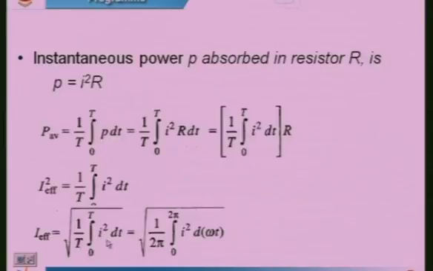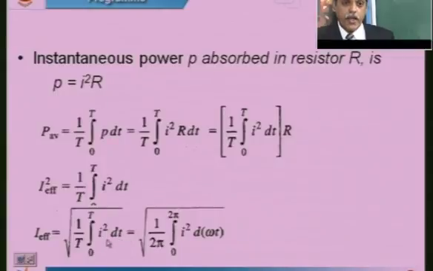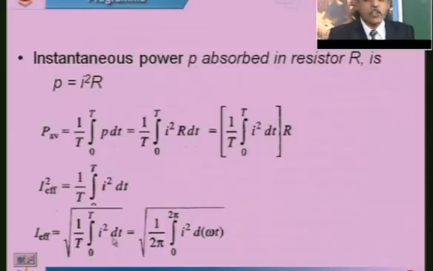Then I am calculating the mean value, this 1 by T integral 0 to T i squared dt gives us the mean value. First squared, then mean, then I am taking the root of that. So this is the root mean square value. But the process is actually the reverse way.